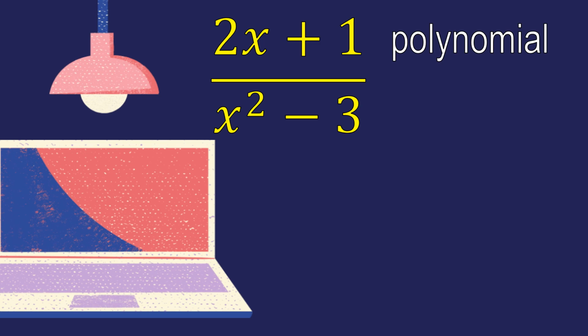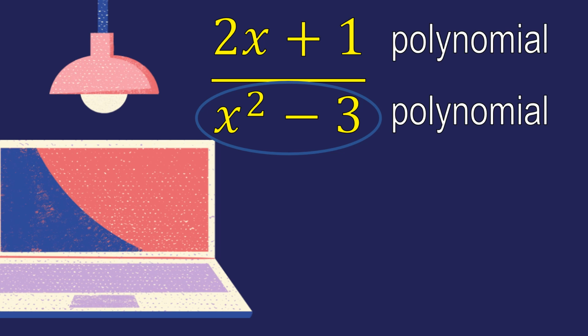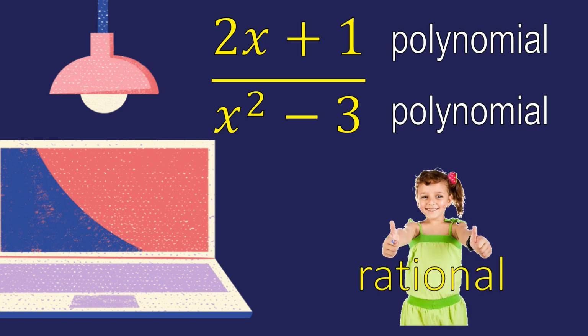Now we proceed to our denominator, x squared minus 3. Again, we need to identify if this is a polynomial or not. And the answer is, it is a polynomial. We can therefore say that the given expression is a rational expression.